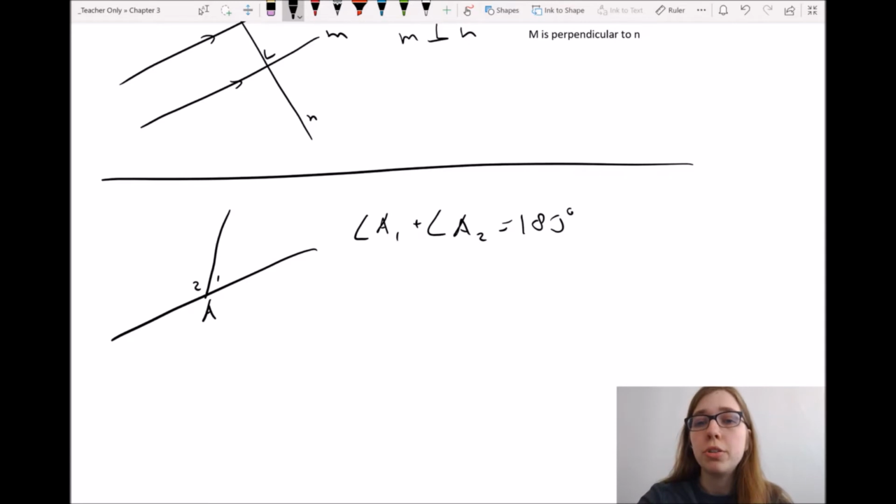And it's important to know now for this chapter that we call that a straight angle. And we're going to have to refer back to that fairly often, so keep that in mind.